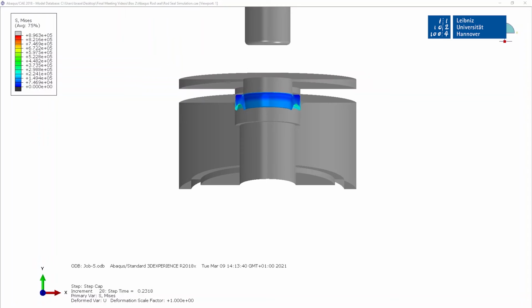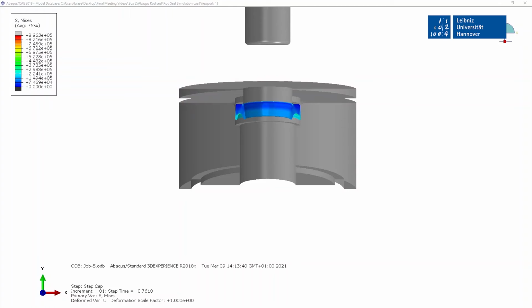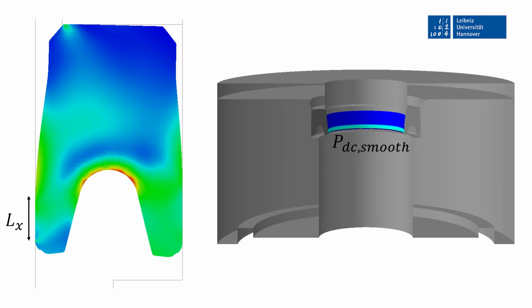Afterwards, a static contact mechanics and deformation analysis of the untextured seal is performed by finite element analysis. The output parameters of these simulations are the contact length, Lx, and the contact pressure level, PdC smooth, between the seal and the countersurface.